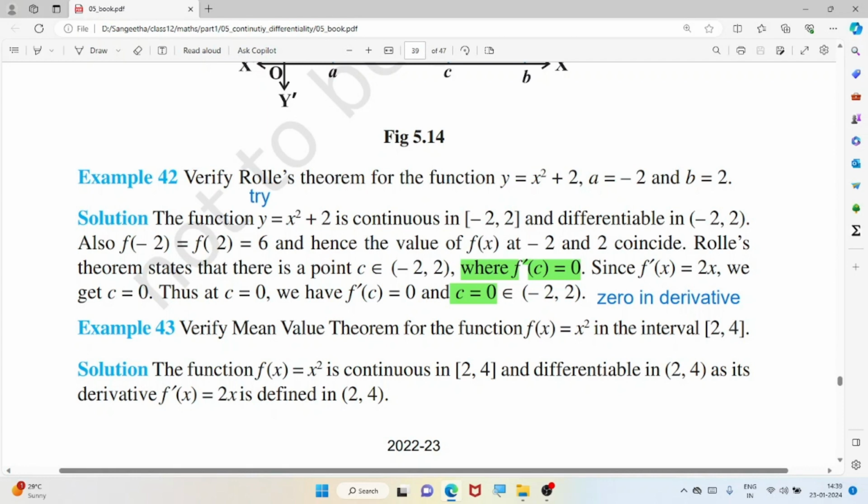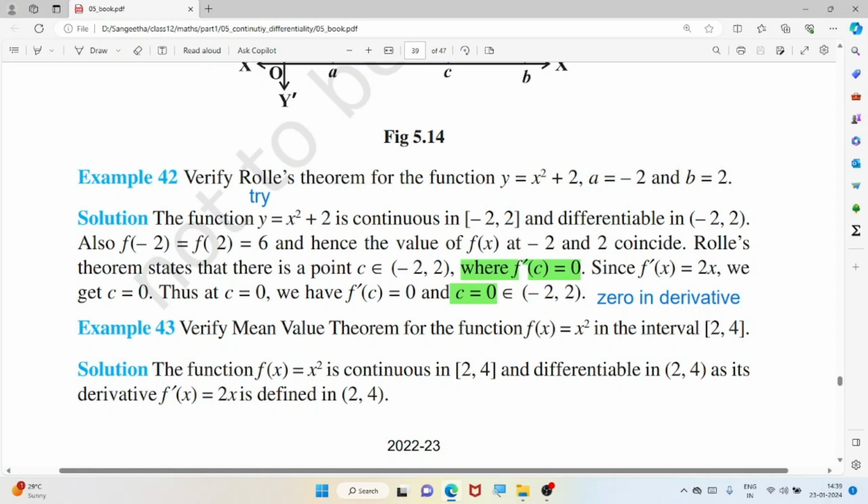Rolle's theorem states that there is a point c in this interval at which f dash of c is 0, that is, the derivative of this function at this point is 0. So here f dash is 2x, and at c equal to 0 only it will be 0. 2 into 0 is 0, for other points this will not be 0.